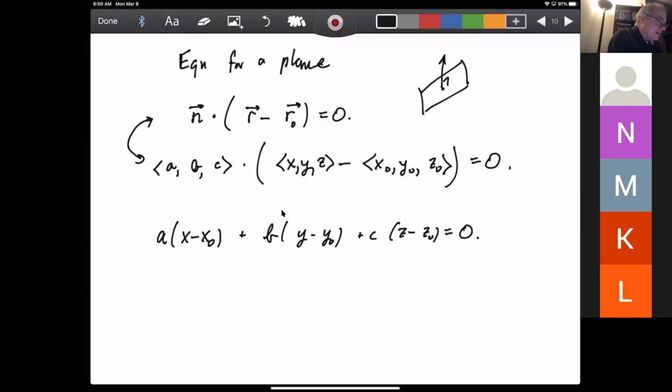The coefficient of x, the coefficient of y, the coefficient of z are giving you your normal vector, right? Those components in that vector show up in this form of the equation of the plane. And furthermore, you can multiply everything out. You can collect the ax0 plus by0 plus cz0, and write the equation like this.